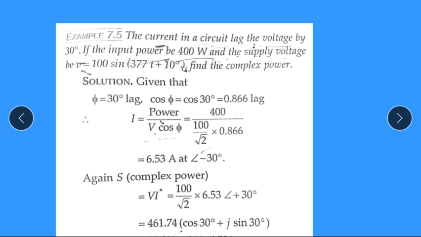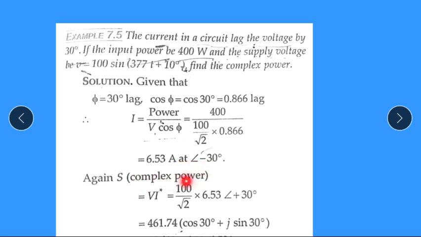So the solution: given data phi is 30 degrees, cos phi or cos 30 is equal to 0.866 lagging. So I is equal to P upon V cos phi, where P is 400, cos phi is 0.866, and V is equal to 100 by root 2, that is the RMS value of V. So the value of I is equal to 6.53 ampere at angle minus 30 degrees.